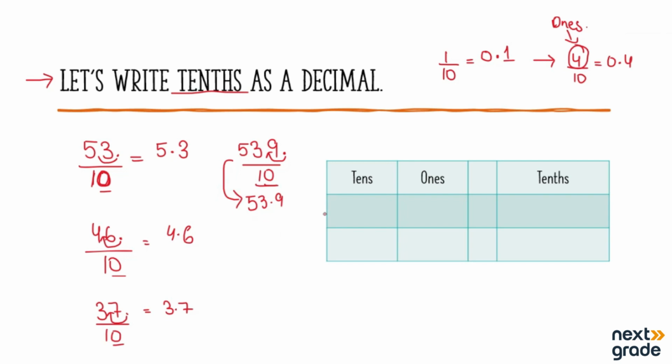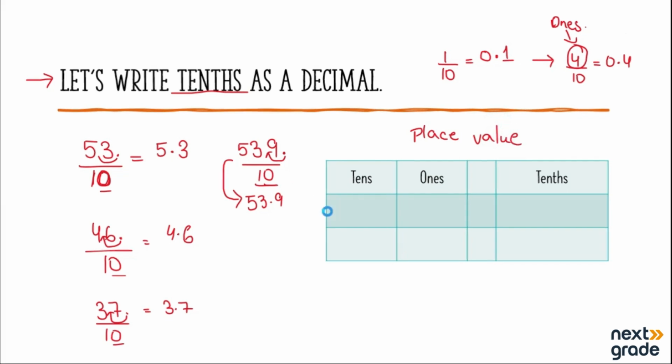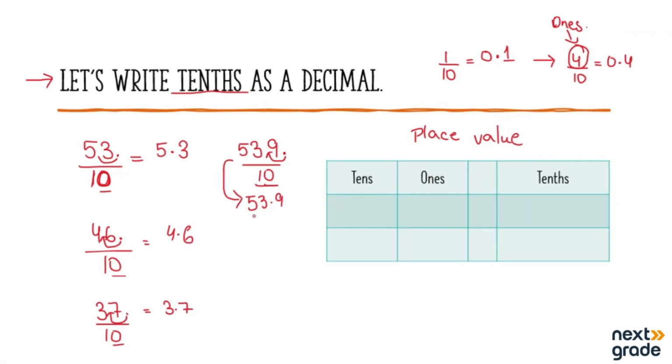Okay, so now let's put these numbers in the place value chart. If we are gonna put this number that is 53.9, 5 is at tens place, 3 is at ones place, then we put the decimal point, and then we have the tenths place.